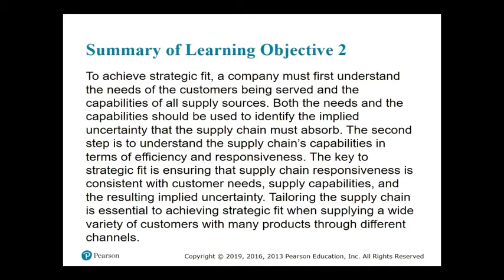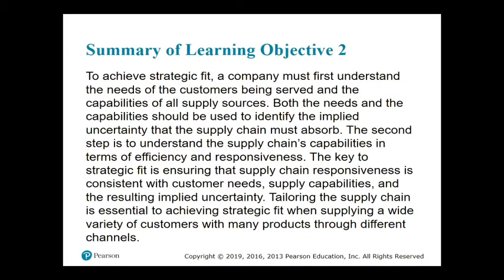So to summarize, we talked about understanding the level of implied uncertainty in a supply chain, which is determined by the competitive strategy of the company. And we talked about how to understand supply chain capability, going in the spectrum from efficient to responsive.